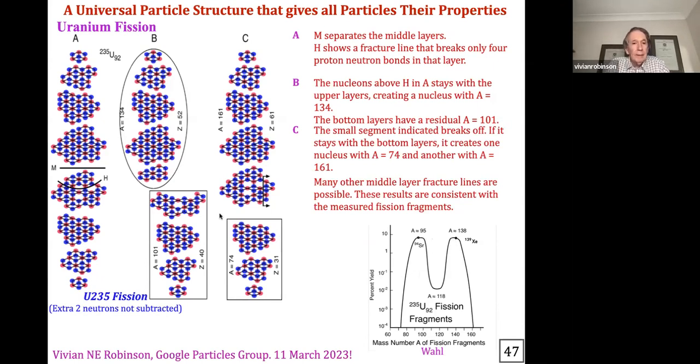The chances of splitting, but if, for example, we just split off this little section here, and it went with the bottom and the remainder stayed with the top, the top one would have 161 and the bottom one would have 74.